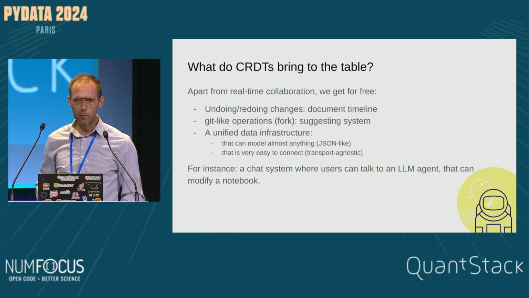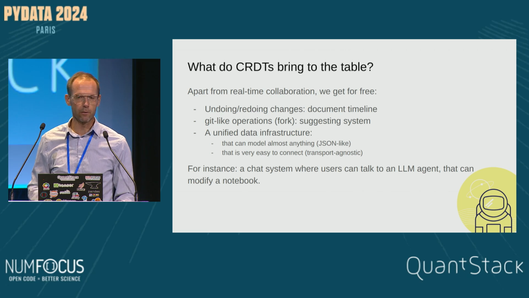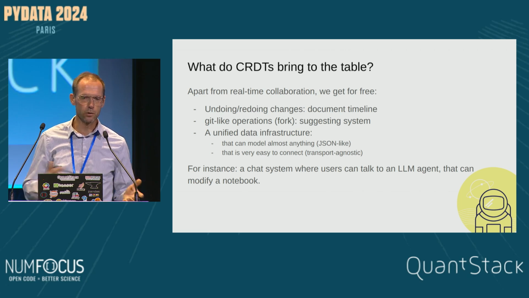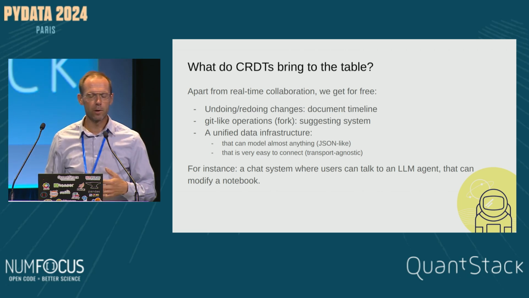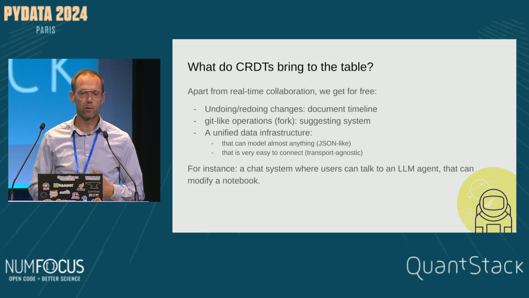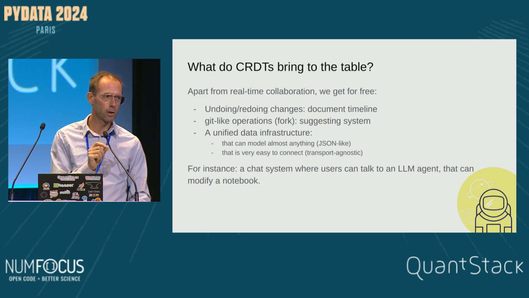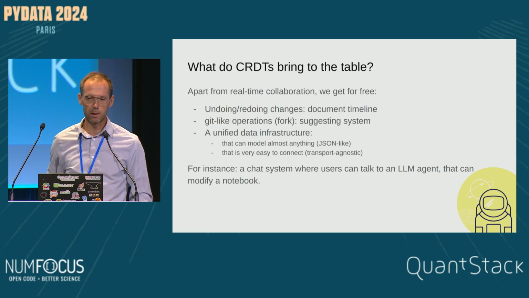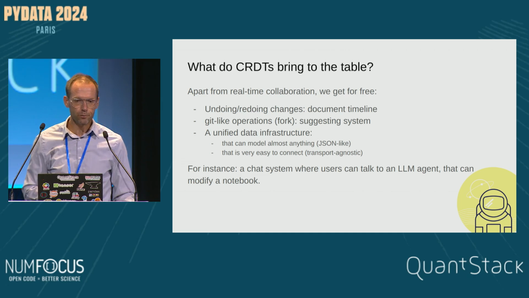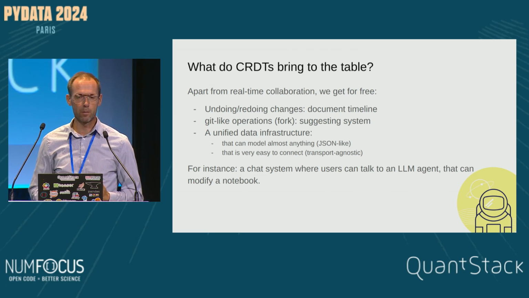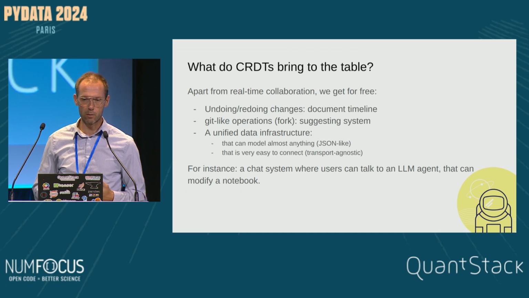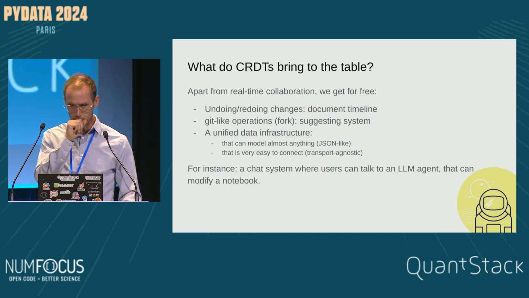So what do we have for free also with CRDTs? We have an undo manager, which allows you to undo and redo changes. That's what we use in a new feature in Jupyter Collaboration, which is a document timeline. So you can go back in time using a slider. I'll make a demo of that. There are Git-like operations, like you can fork a document, and that allows us to implement a suggesting system that I will also demonstrate.